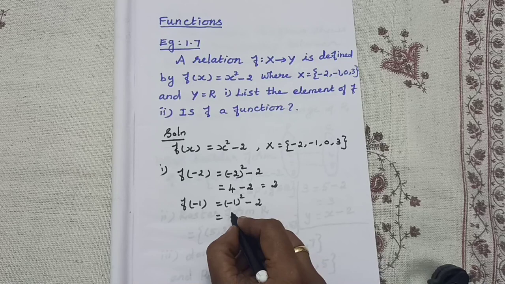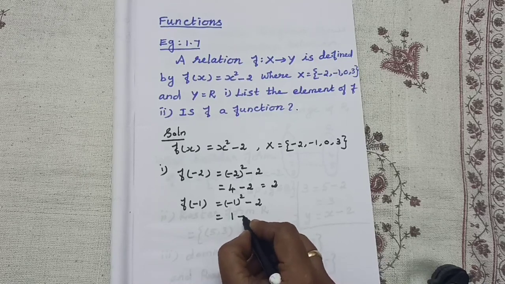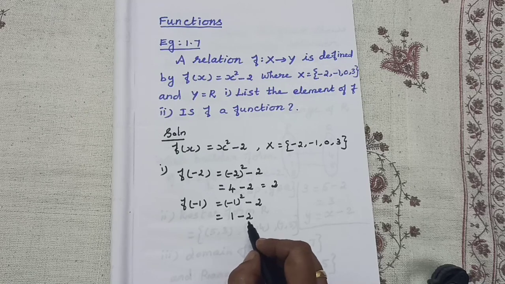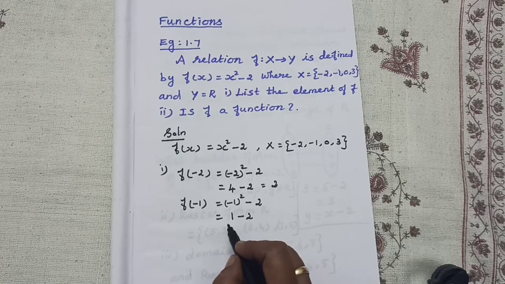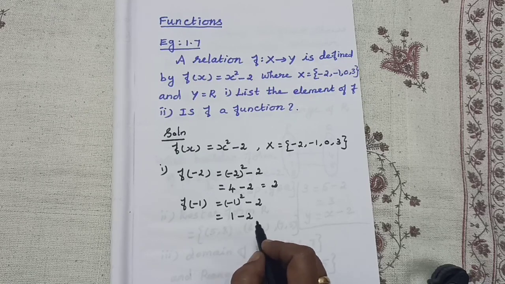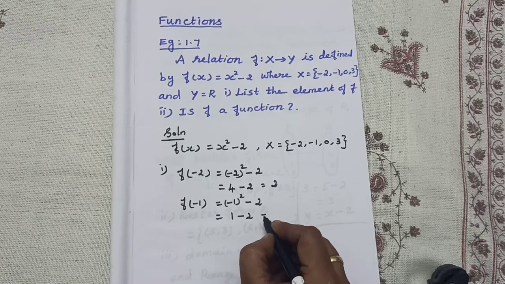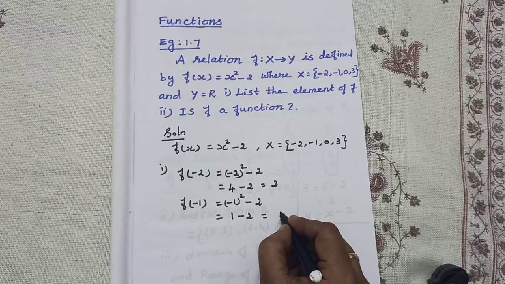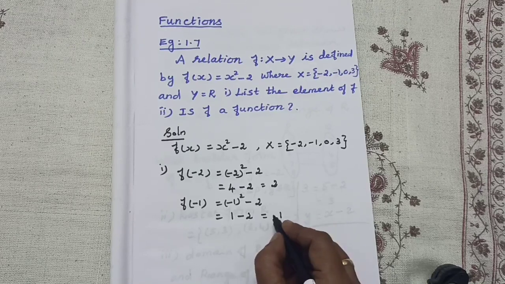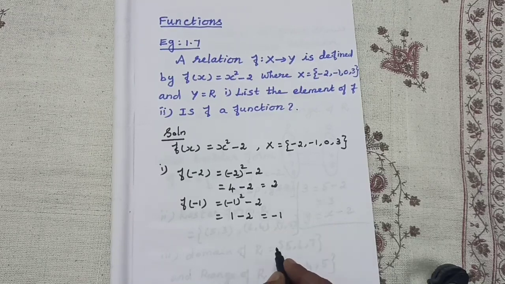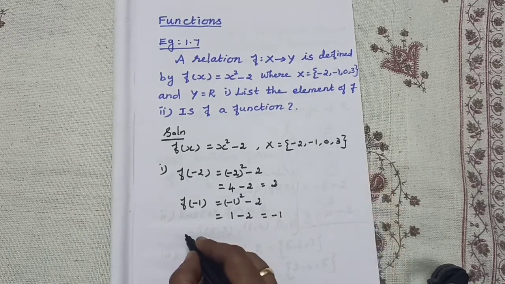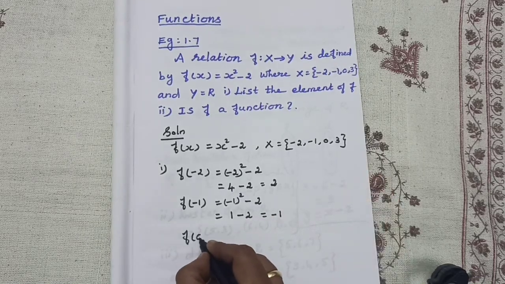Then minus 2: 1 minus 2 is a big number minus a small number, so we take the sign of the greater number. 2 minus 1 is 1, and the greater number's sign is minus. Am I correct?